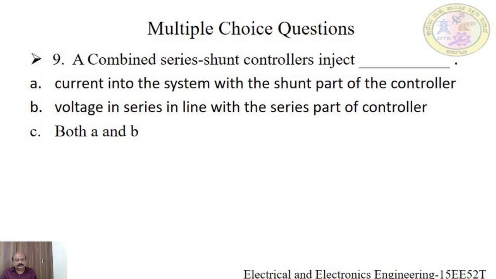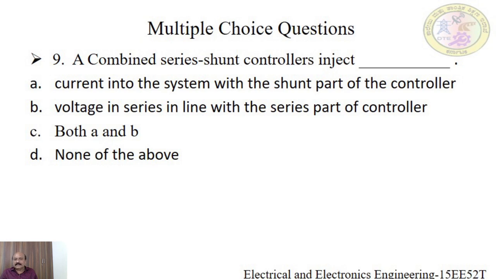Both A and B. None of the above. A combined series shunt controller injects current into the system with the shunt part of the controller. Voltage in series in line with the series part of the controller. Both A and B. And none of the above.